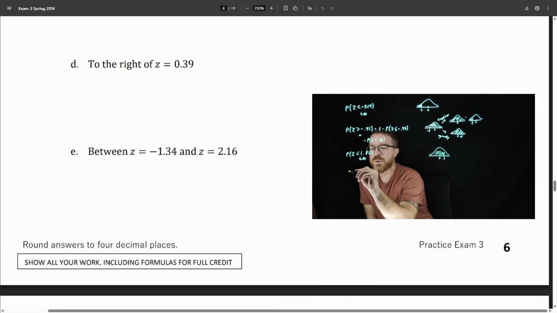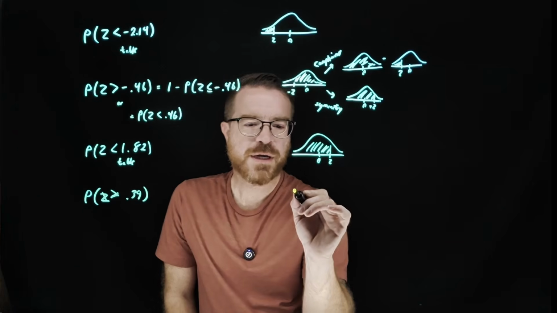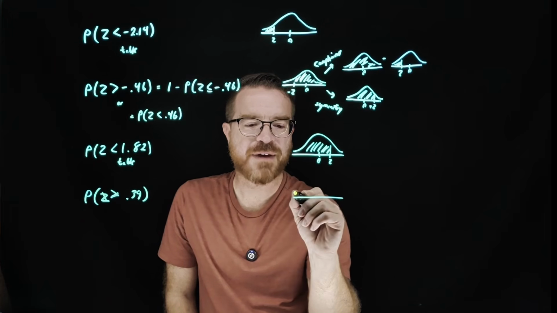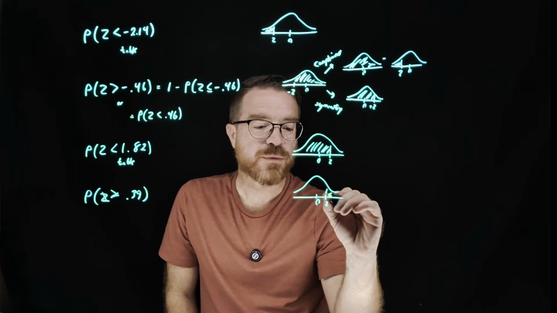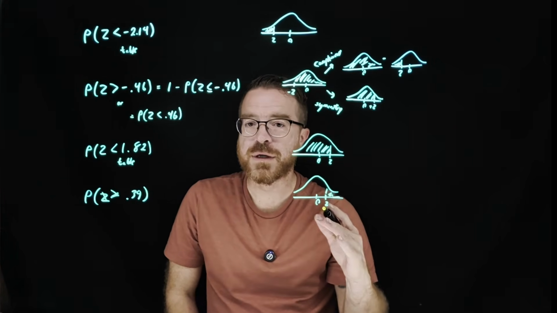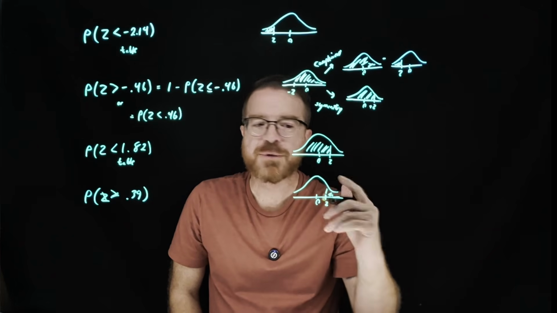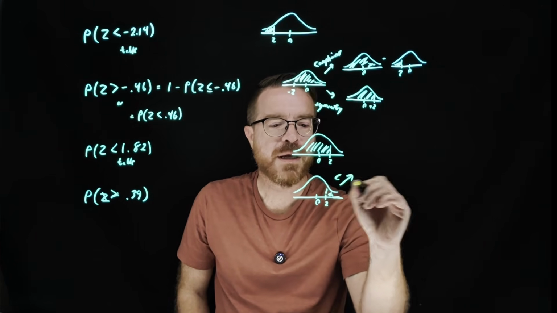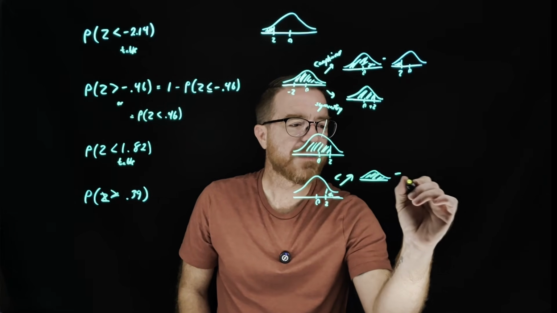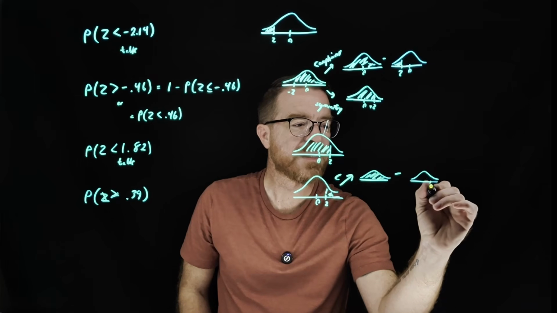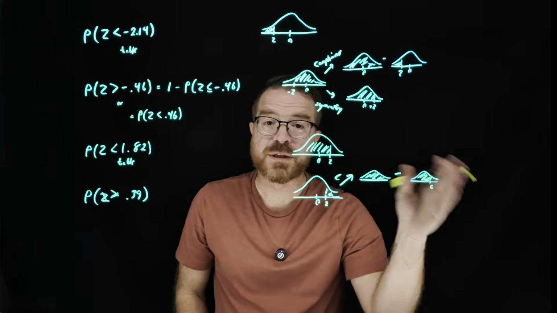The next problem is we want everything to the right, so that would be greater than 0.39. Drawing that, this would be a positive z value, meaning it's to the right of the 0 on our standard normal, and we're looking to the right. So this is not one that we could look up in our table. Again, you have two options. We can use complement, which would be everything minus everything to the left of this z value, and we'll be left with what's to the right of it.